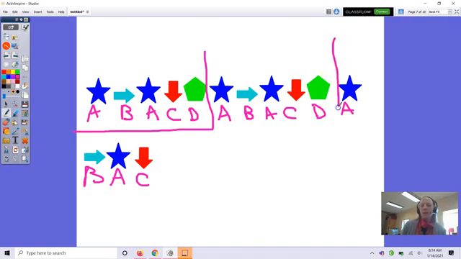So here's another A, B, A, C, D pattern. And then I have a partial A, B, A, C, D pattern.